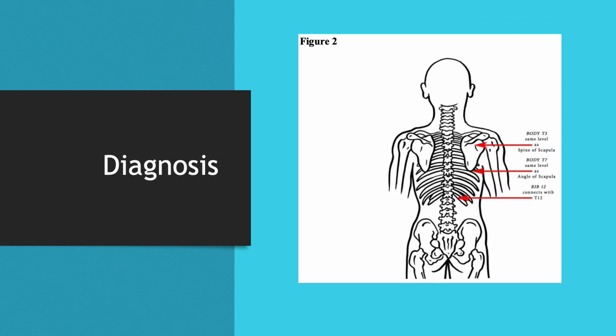Clinically speaking, when people say, oh, this is around T3, T4, again, our reference for T3 is the spine of the scapula, T7 is the inferior aspect, and then again, you can feel that last floating rib connect to the T12 vertebrae. That gives you an idea of where you are clinically.